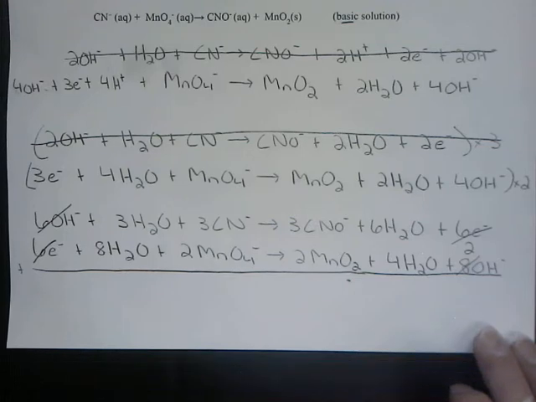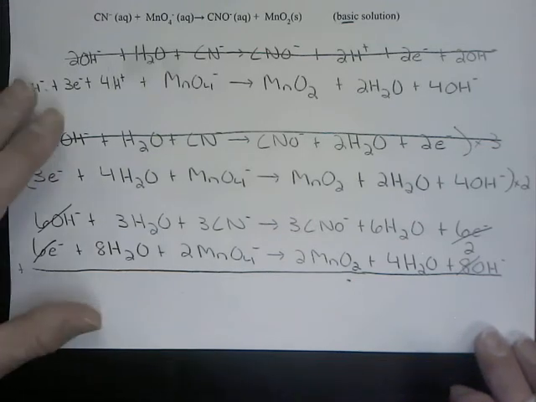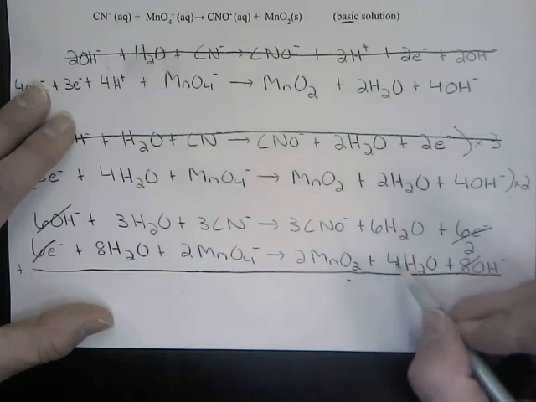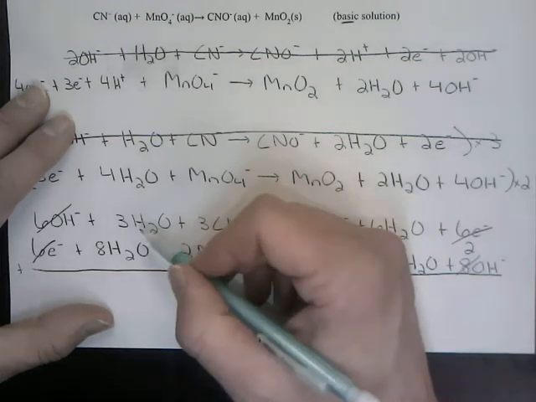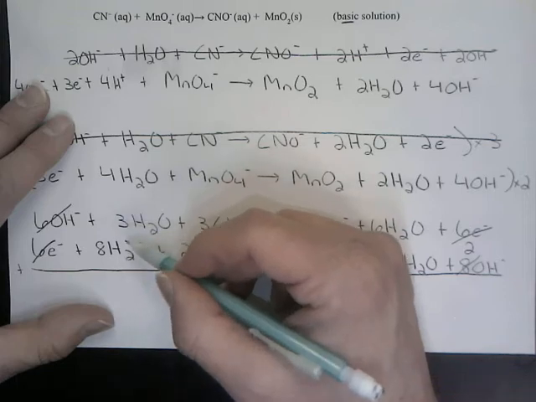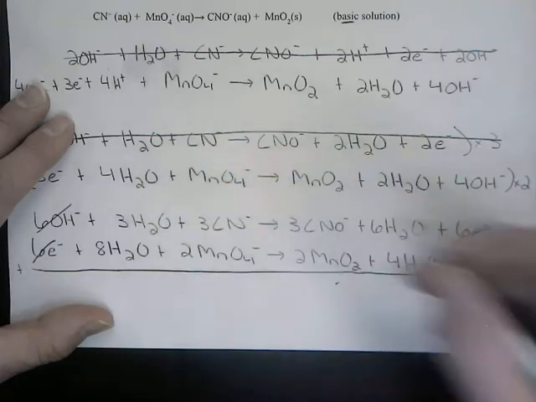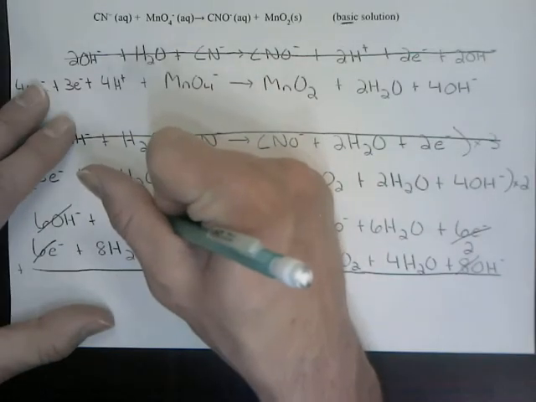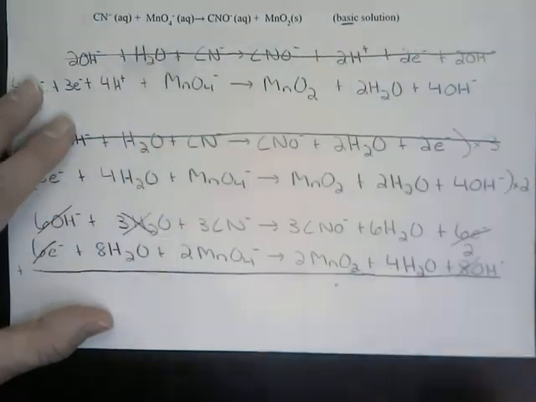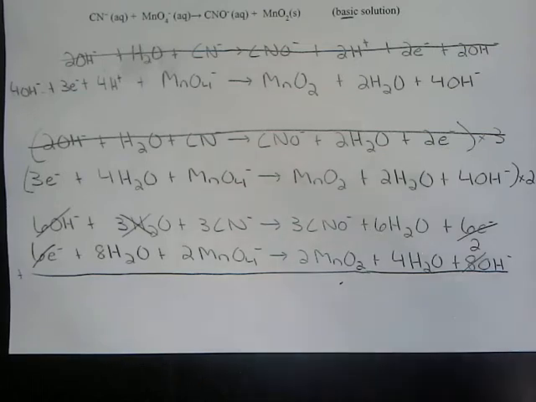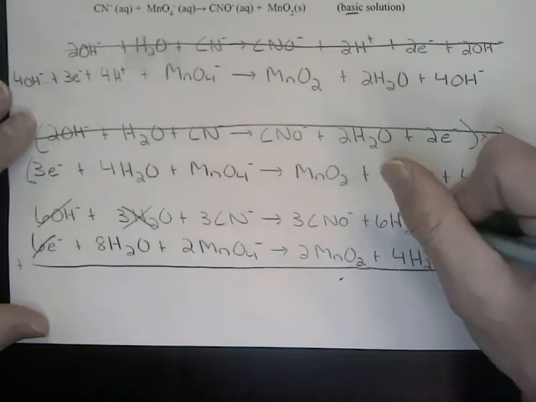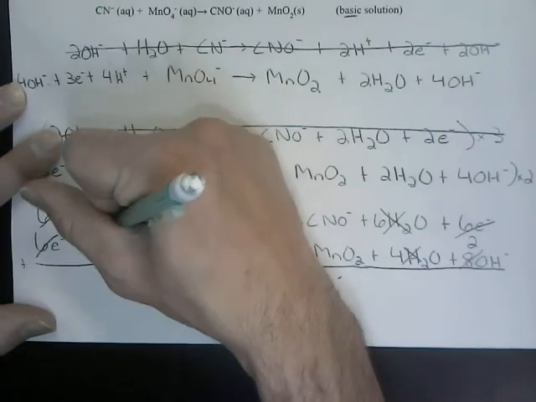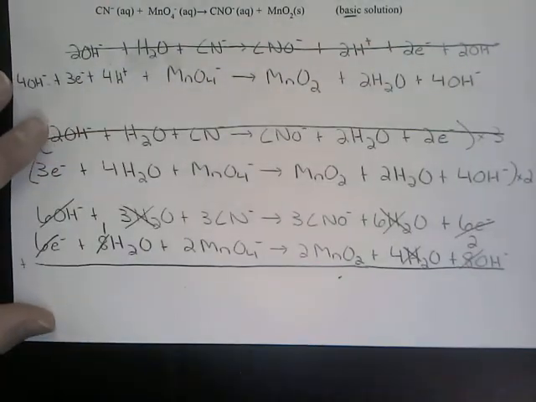And then we have to be really careful with our waters. On our right-hand side, we have 6 plus 4. On our left-hand side, we have 3 plus 11. So what I'm going to do is cancel all of these H2Os out, and cancel all of these H2Os out and cross this out to have 1 H2O.